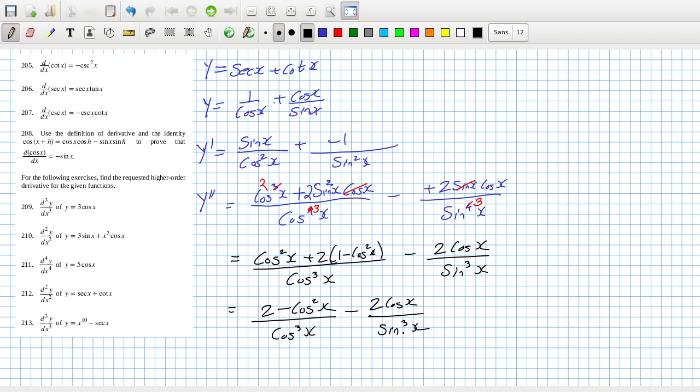But I'm kind of inclined just to leave it like that. I can reintroduce sec, cotan, and so on, but I'm not really inclined to. Because you could change this into 2 minus cos squared x.